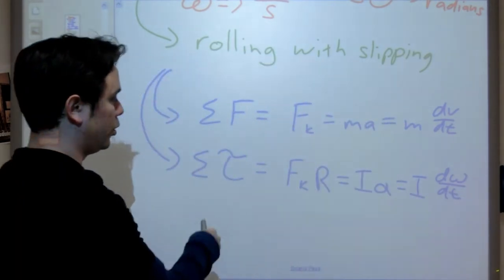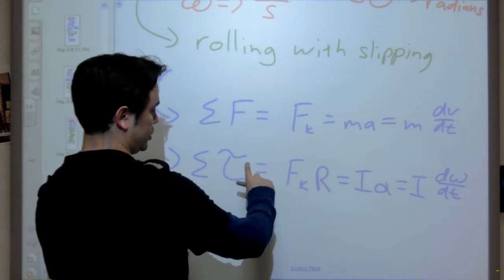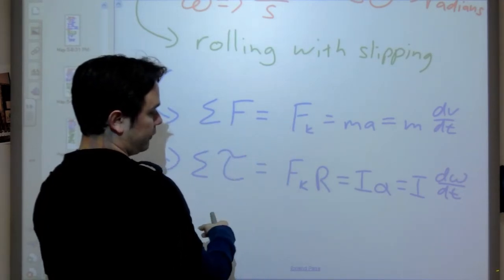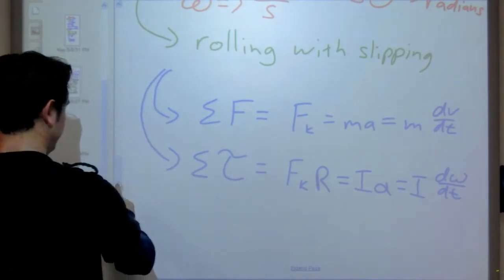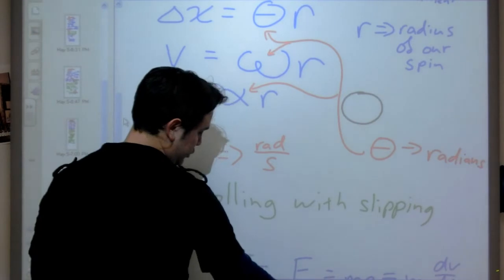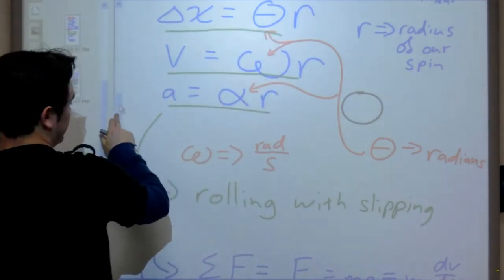And now you can go through and you can end up with relationships where it'll continue rolling with slipping, where friction is going to make it slow down, but start rolling faster and faster until finally it reaches one of these conditions, actually all of these conditions at the same time. These correspond to rolling without slipping.